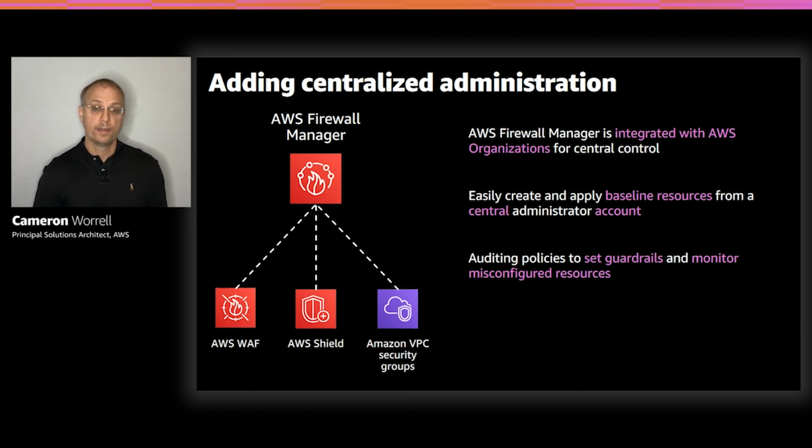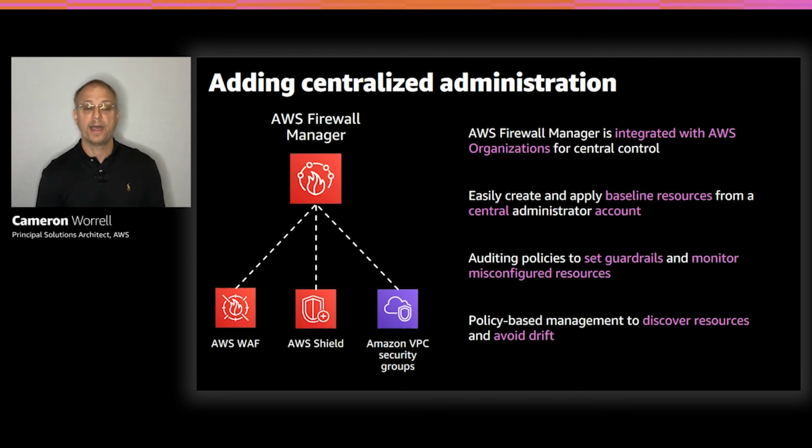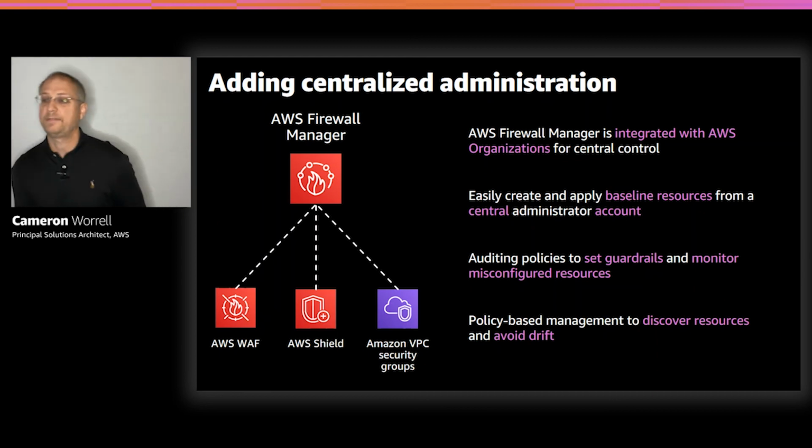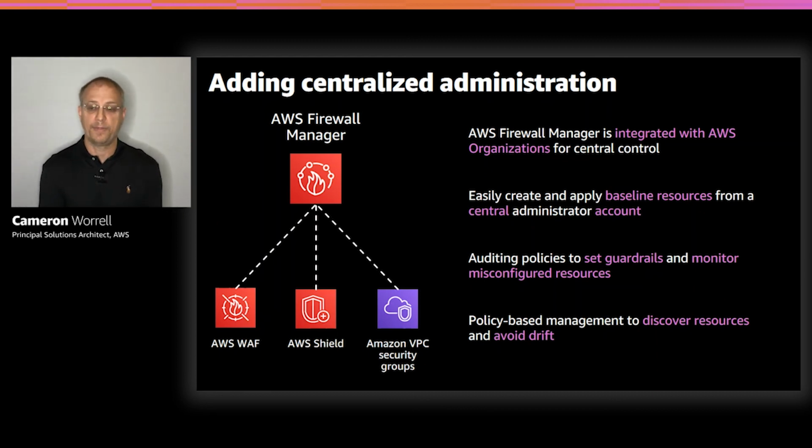When you have a configuration drift, or a resource that is not in line with the policy, you can decide whether you want to just notify on that, or automate some type of remediation to bring that resource in line with the particular policy you're after. So Firewall Manager can really help with that aspect of management at scale.